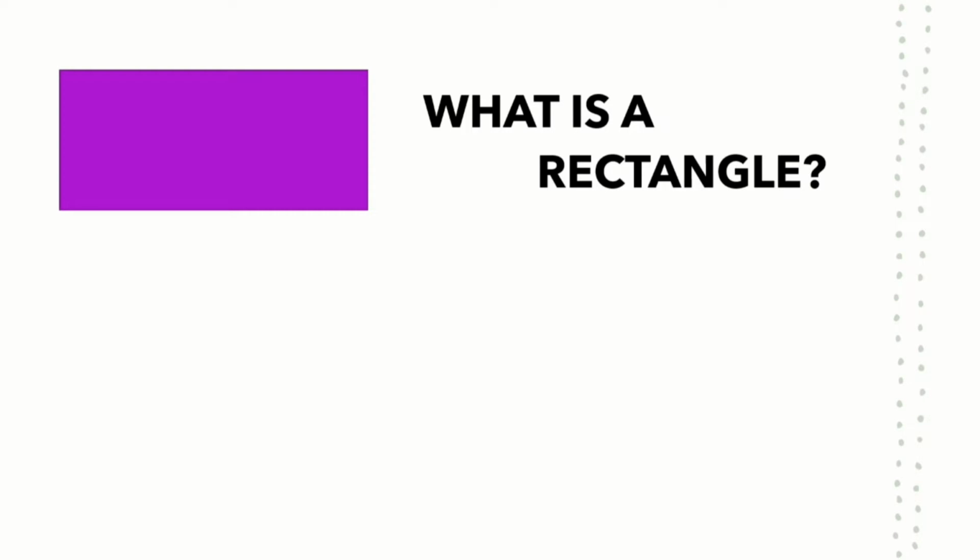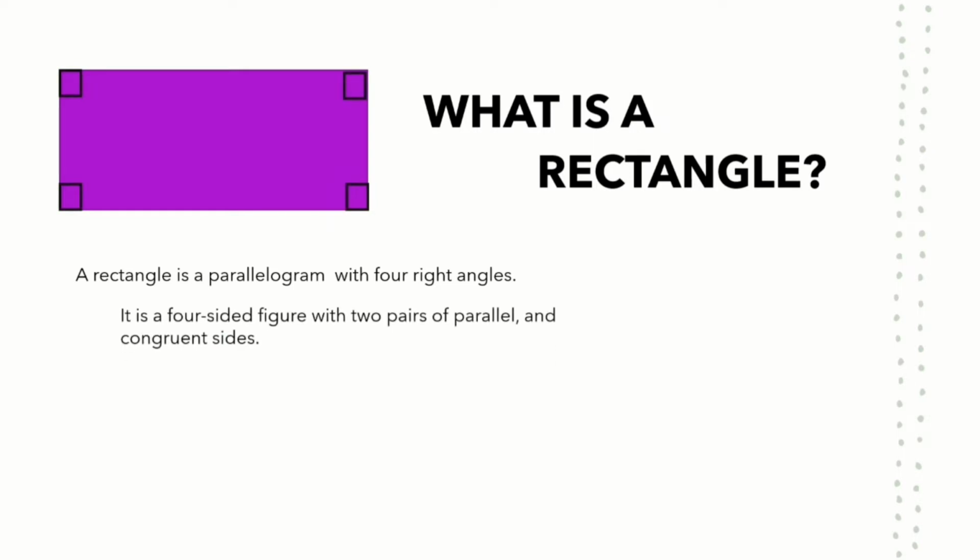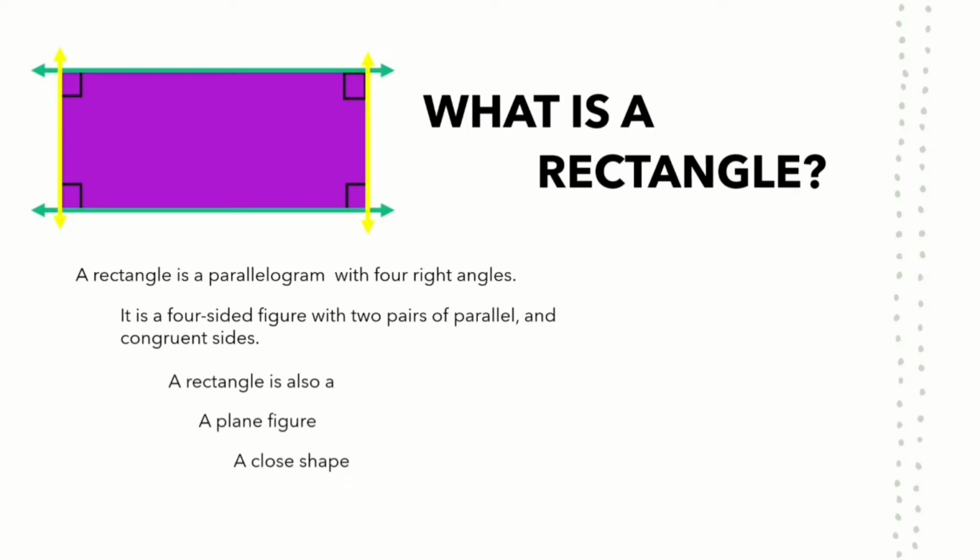What is a rectangle? A rectangle is a parallelogram with four right angles. It is also a four-sided figure with two pairs of parallel and congruent sides. A rectangle is also a plane figure, a closed shape, a quadrilateral, and a parallelogram.